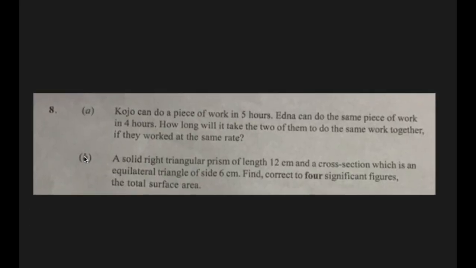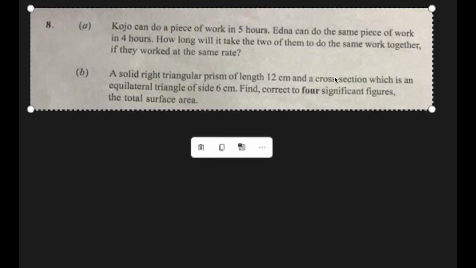Next question is Kojo can do a piece of work in 5 hours. Edna can do the same piece of work in 4 hours. Okay. How long will it take the two of them to do the same work together if they worked at the same rate as they were working earlier?